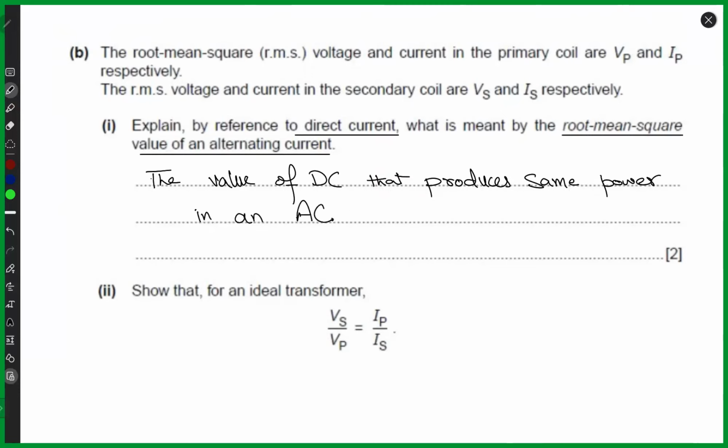Okay, so is that clear? Does everyone understand the meaning of root mean squared value of AC? Yes, sir.